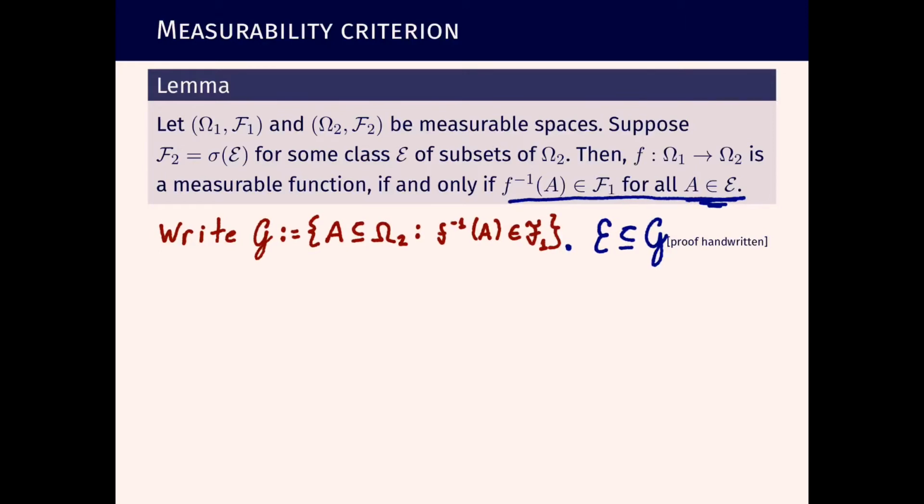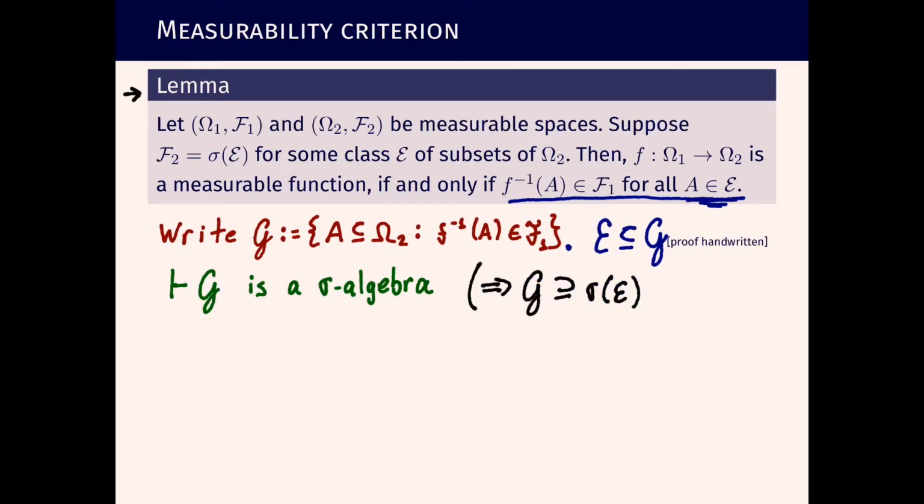And now we want to prove that G is a sigma algebra. And indeed, this is enough to prove the lemma. And why is that? Because G contains the family E, so if it's a sigma algebra, it also contains the sigma algebra generated by the family E, and that sigma algebra equals F2.